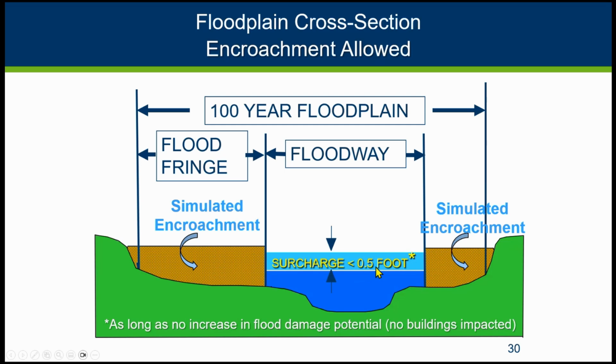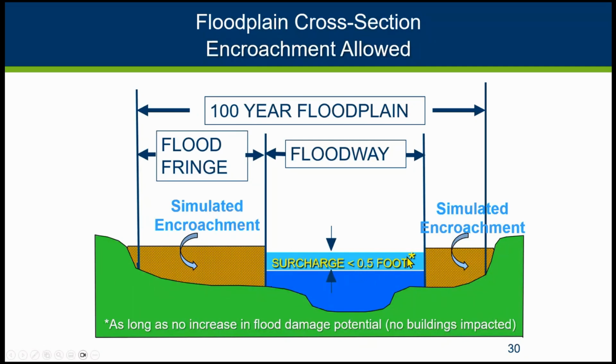And in Minnesota, right from the beginning, we said it couldn't be raised by more than half a foot. And there can't be any increase in flood damage potential. So we interpret that as it's impacting existing buildings. So if any existing buildings are already there in the floodplain or right next to the floodplain, you can't cause any increase.